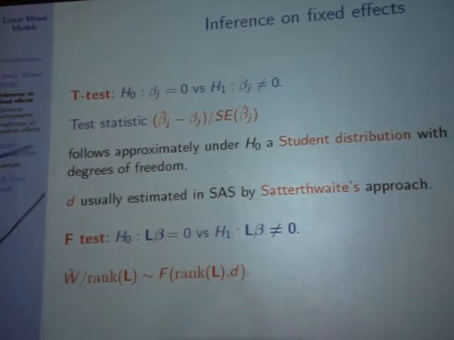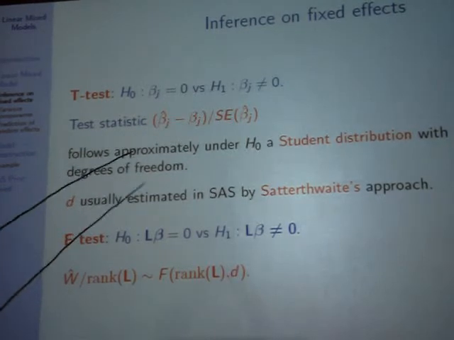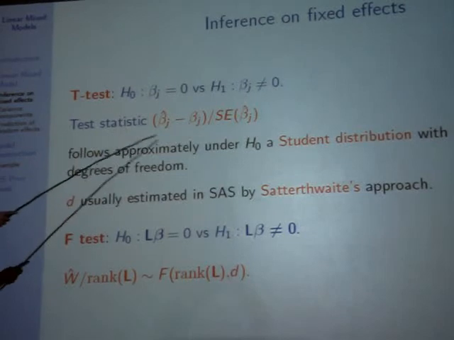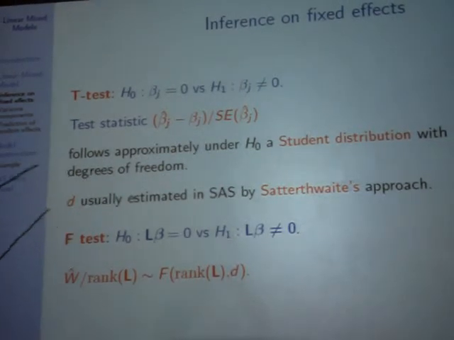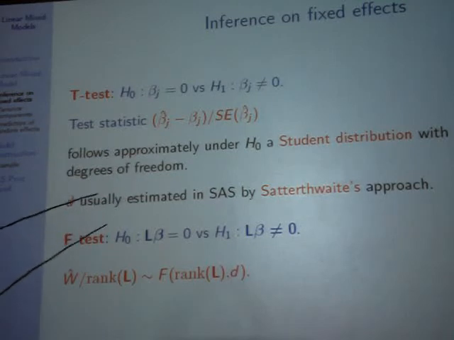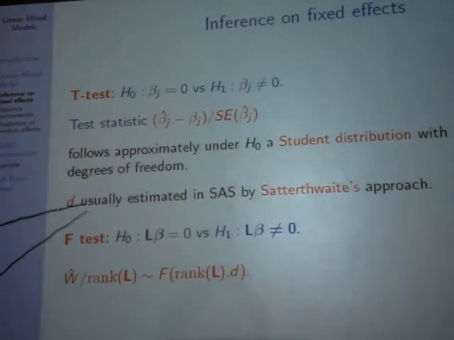If you want to test a hypothesis such as beta j equals 0 versus beta j different from 0, the test statistic is still the same: beta j hat minus beta j divided by the standard error of the estimate. For a t-test, this test statistic follows approximately, under the null hypothesis, a Student distribution with d degrees of freedom, and d is usually estimated in SAS by the Satterthwaite approach.